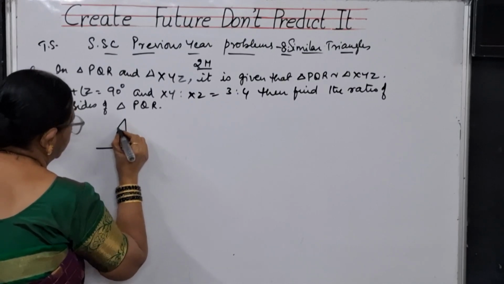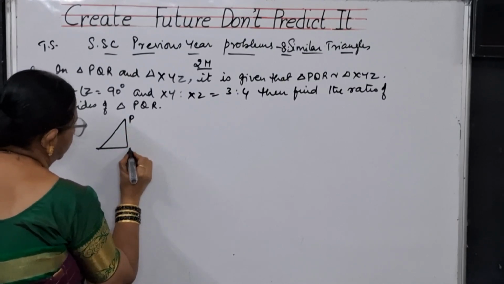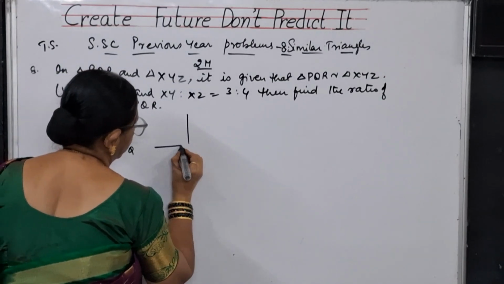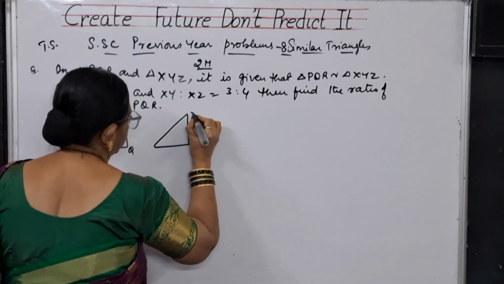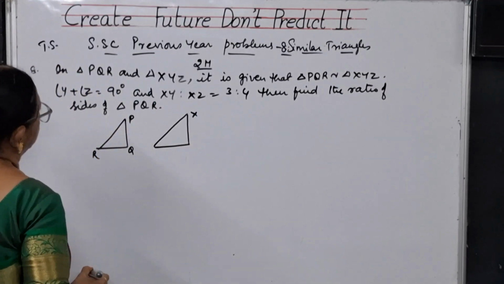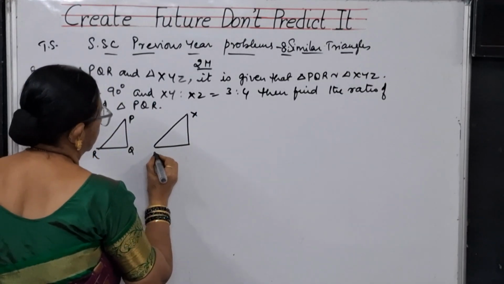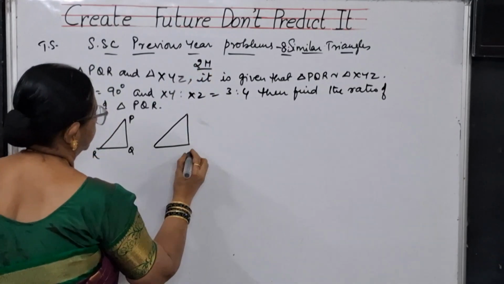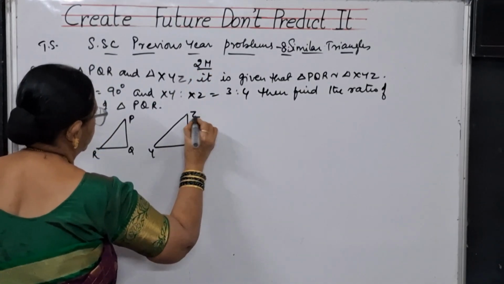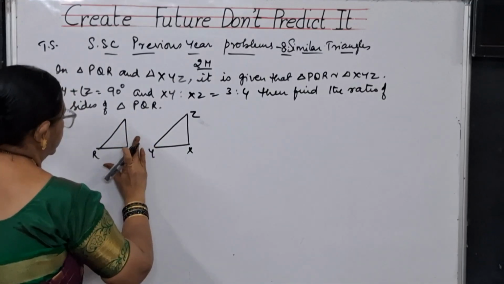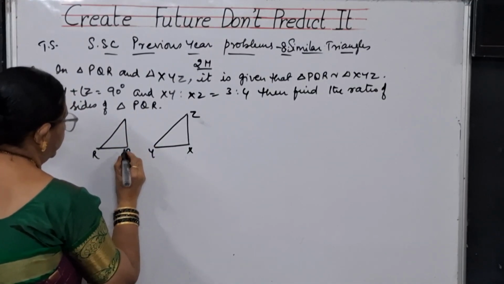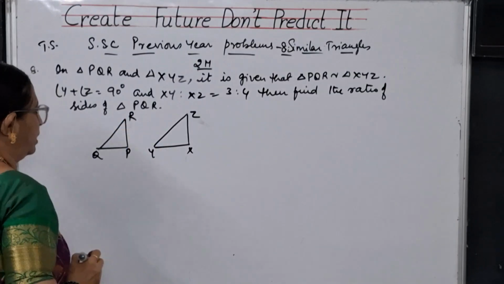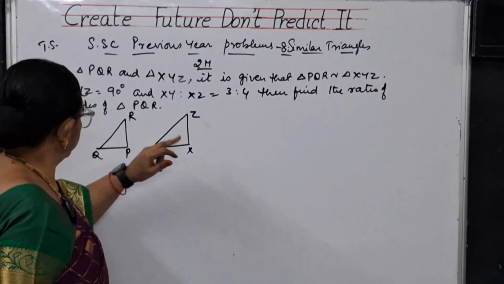One is triangle PQR and triangle, let me take here X, Y, Z. So here also I'll take the names P, Q, R. Why did I take the values like this?